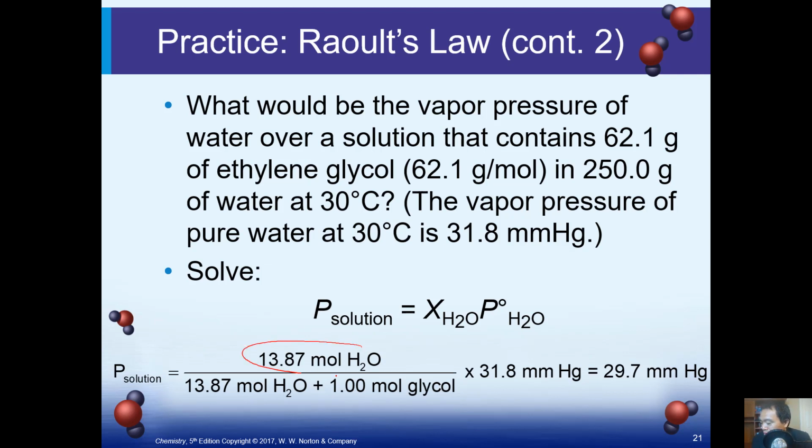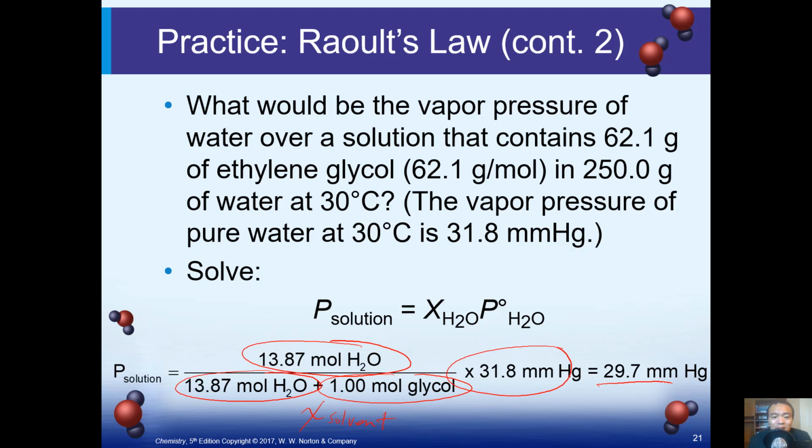by dividing the moles of solvent by the total of the solvent and the solute. So that's the chi. This is the chi for the solvent. Okay? Times the pure water vapor pressure. That gives you a number which is 29.7.